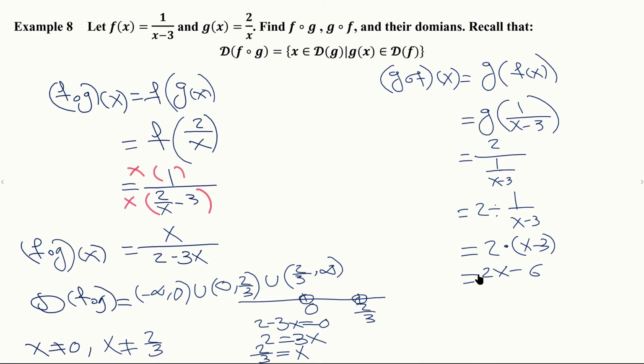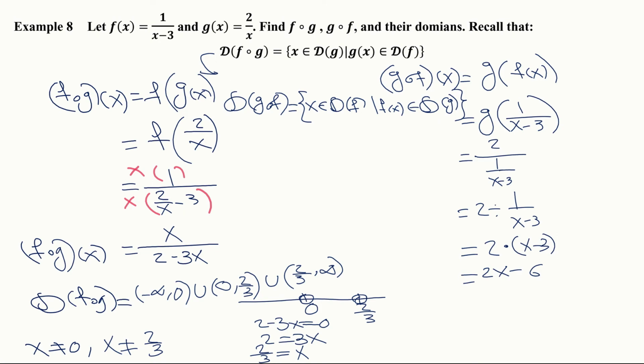All right, so g circle f itself ended up being a nice simple polynomial function, right? No restrictions. However, remember, take this and write the g circle f version of it, and you end up with domain of g circle f equals all x belonging to the domain of f such that f of x belongs to the domain of g, right?